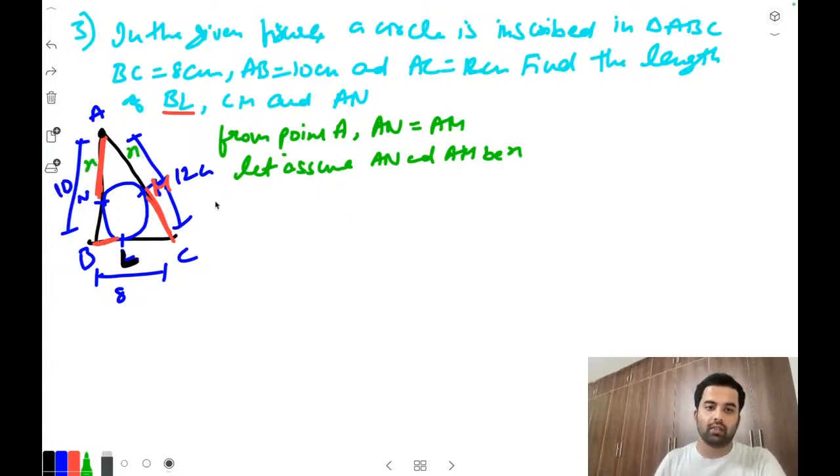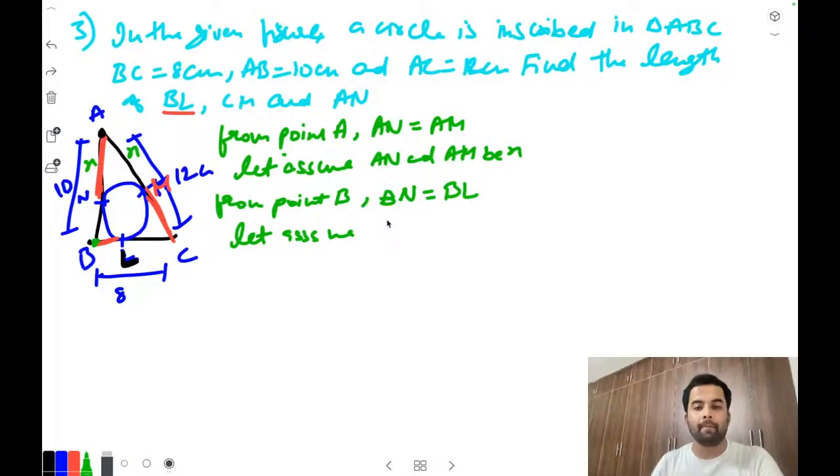Same thing from point B, BN and BL will be equal. So here also assume something. Just assume it.